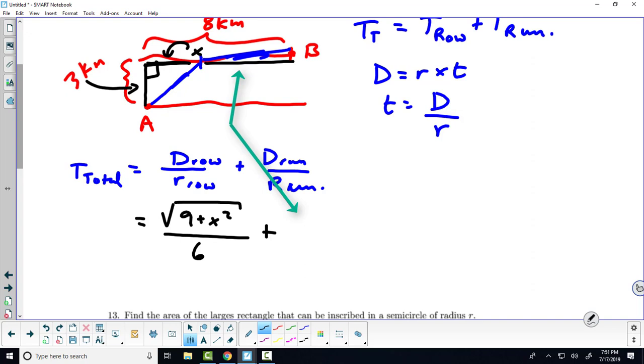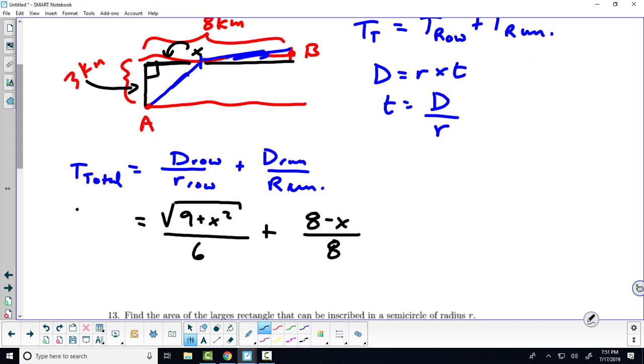You've got to run a distance of 8 minus x. To be honest, I think it's silly to take the time to call that y and then substitute in the constraint that x plus y is 8. So that's where the constraint of this problem comes in. All over the rate at which you run. How fast do you run? 8 kilometers per hour.